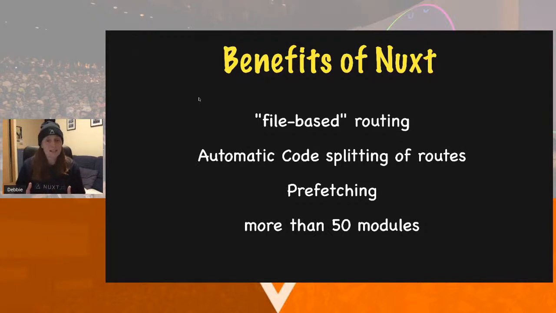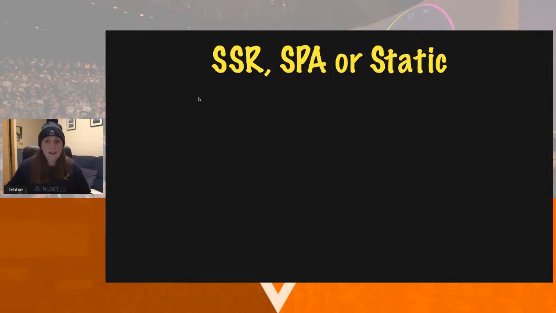You've got Google Analytics. You've got sitemap. You've got so many modules, and it's really simple. It takes seconds to set up all these cool modules. And you can have a single page application, server-side rendering, or static sites. So I'm talking about static sites, but you can still use Nuxt for single page applications and server-side rendering.